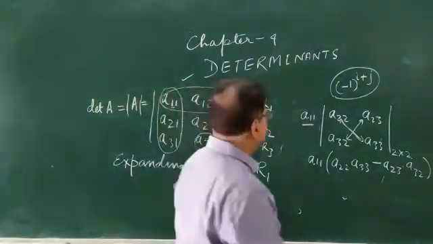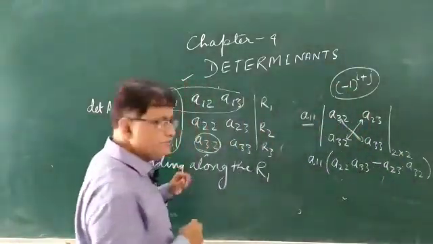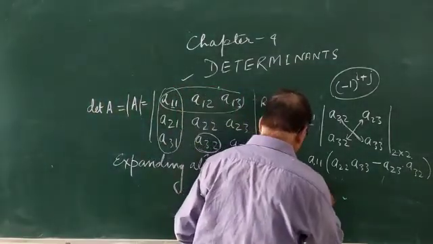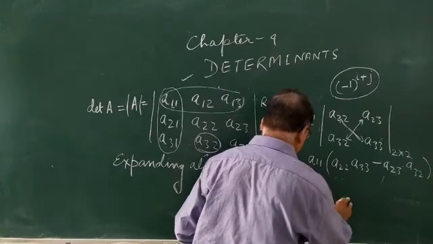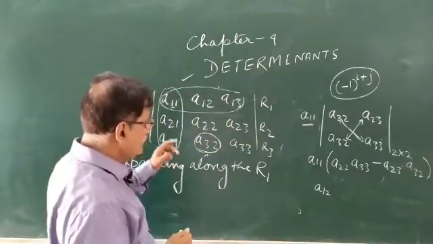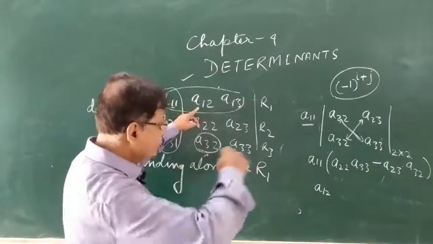Now you see this. Now consider the second element of first row. The second element of first row is A12, and that is the element of that row, first row, and it is the second element in that row.